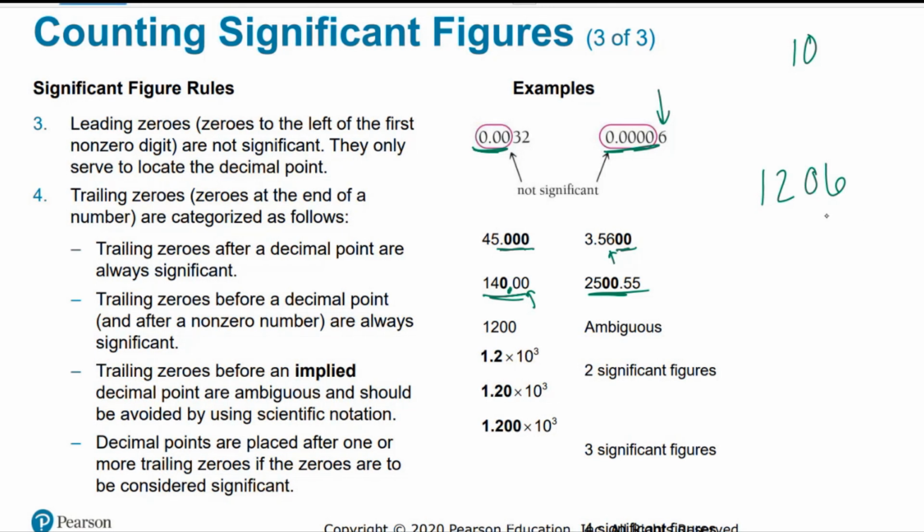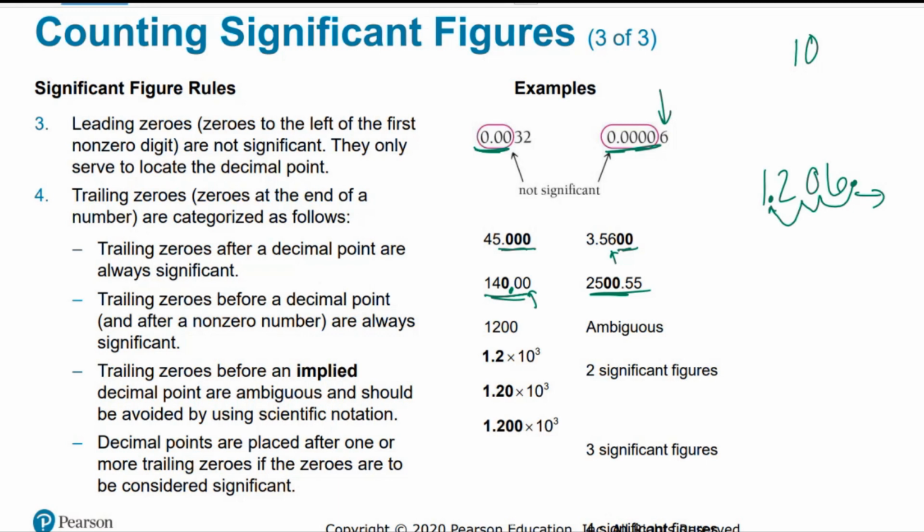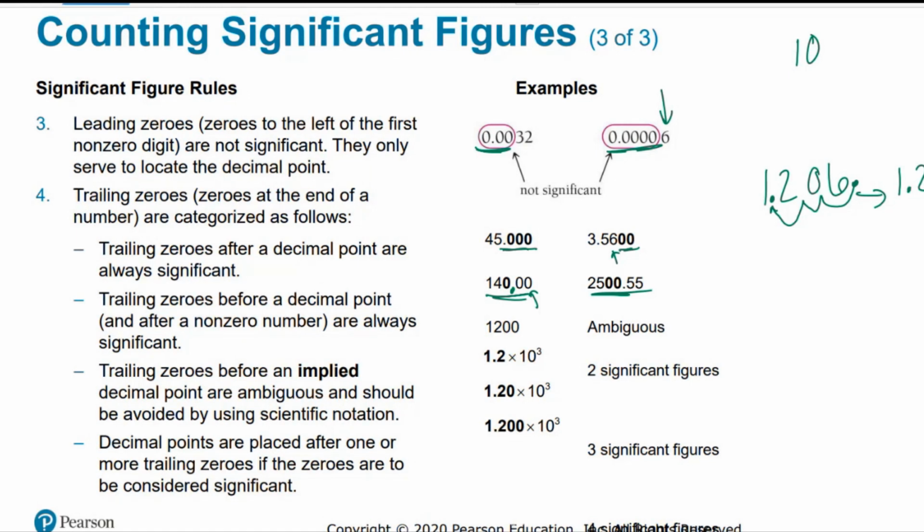So I'm going to convert that to scientific notation. I know my decimal point would be here right after the ones place. I move the decimal point until it's right behind the first number. So my new number would be 1.206. I move the decimal place 3 places to the left: 1, 2, 3.